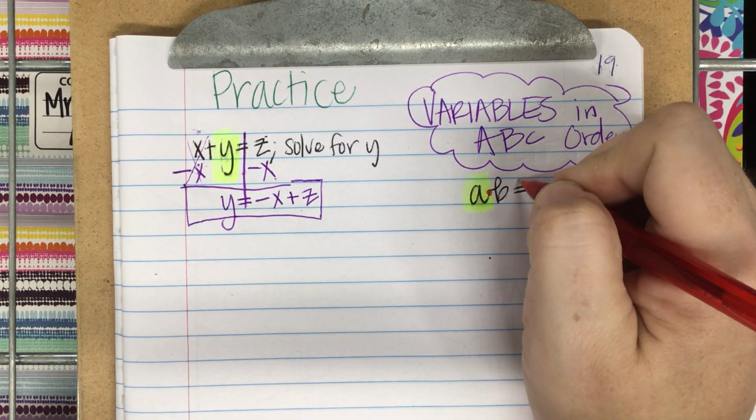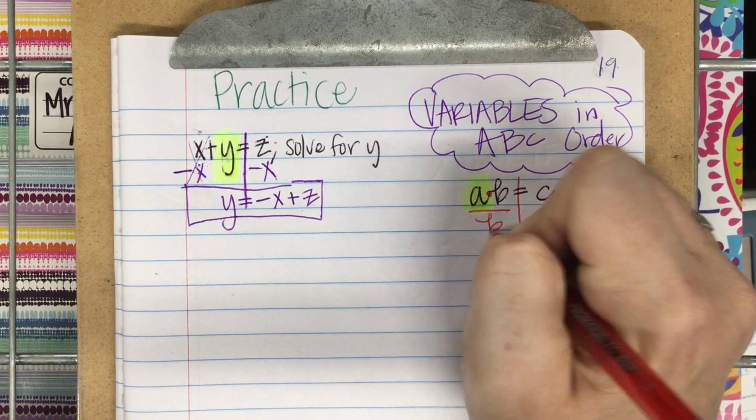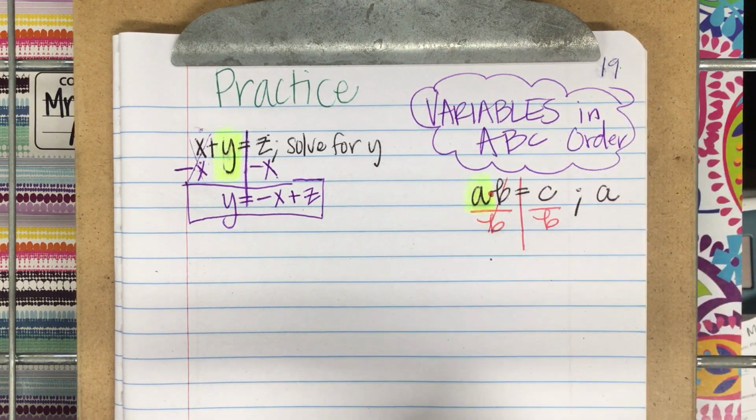Meaning, what do I have to move? B. And I'm going to move B, because it has to go from one side of the equal sign to the other side of the equal sign, using inverse operations. And the opposite operation would be division. Canceling out.